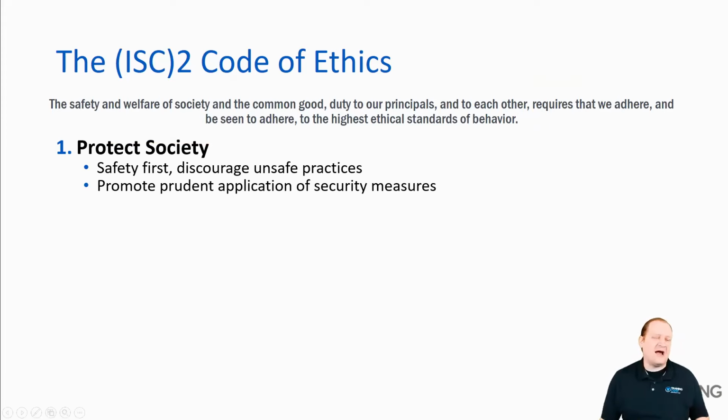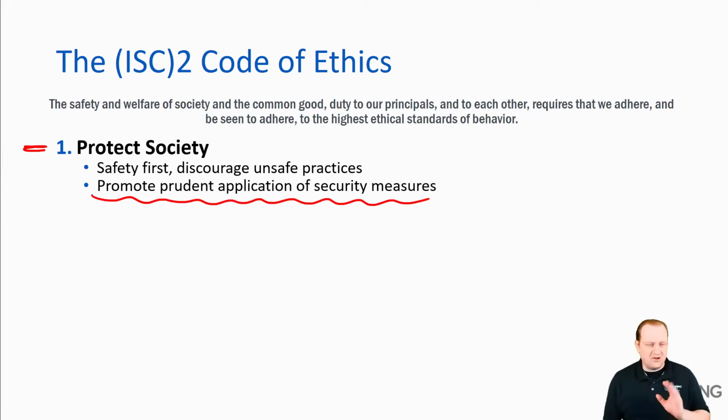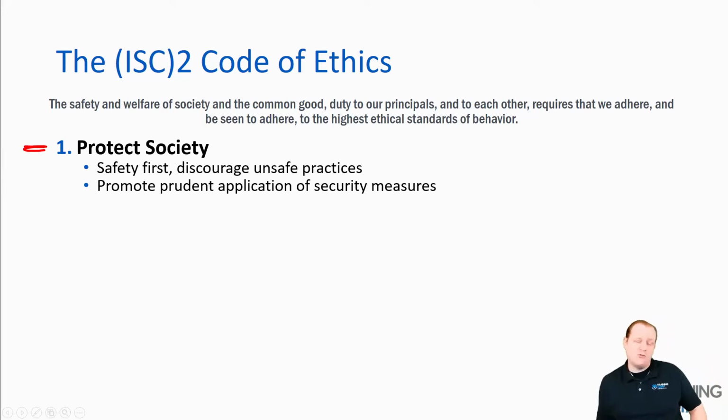They then later elaborate. They want us to protect society. They're basically telling us safety comes first. We should be discouraging unsafe practices. They want us to also promote prudent application of security measures, and doubly so when safety is part of it. That makes good sense to me. I don't know about you.